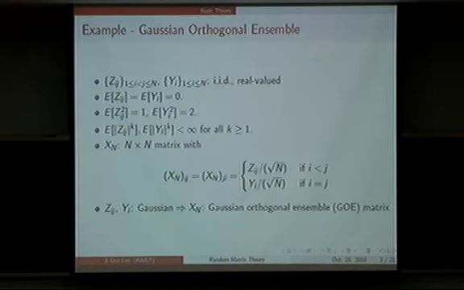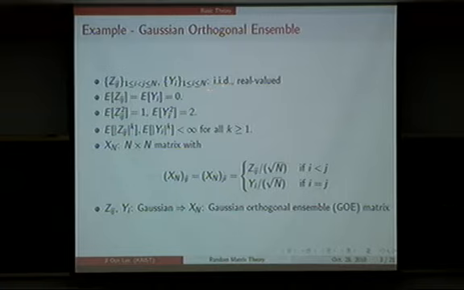So here is a concrete example, which is called the Gaussian orthogonal ensemble. Let's consider a lot of random variables, Zij and Yi. All of them are IID. IID means identical, independent, distributed.